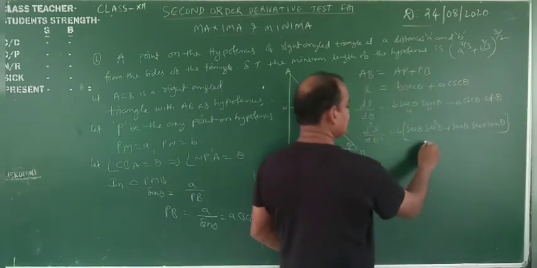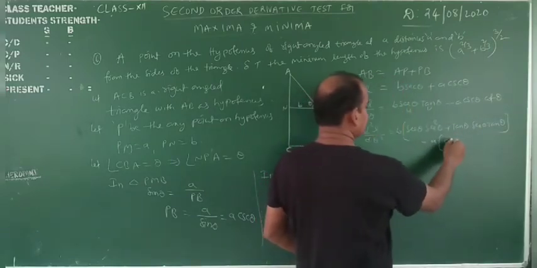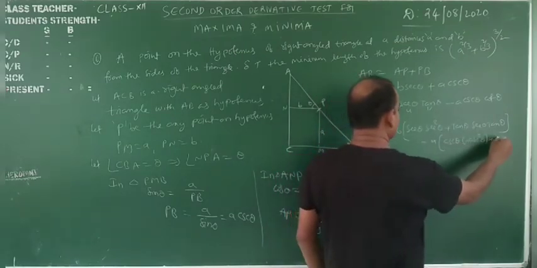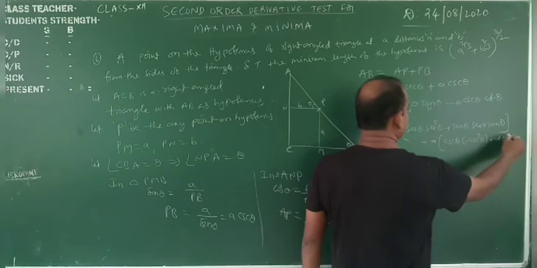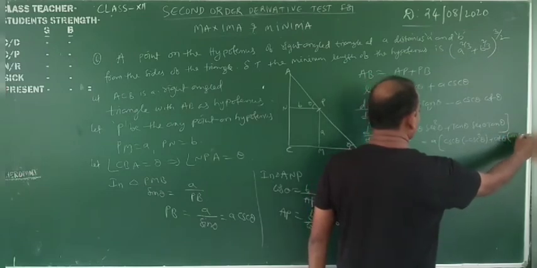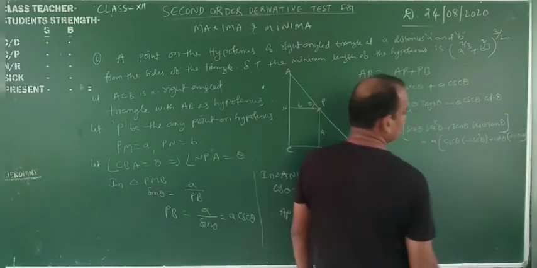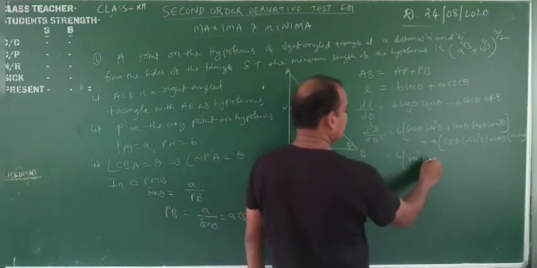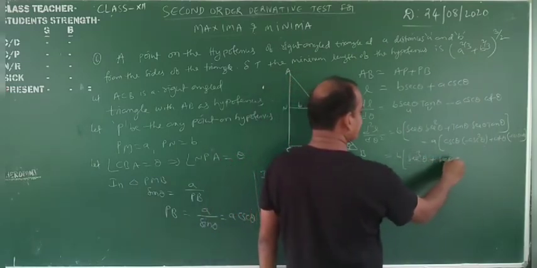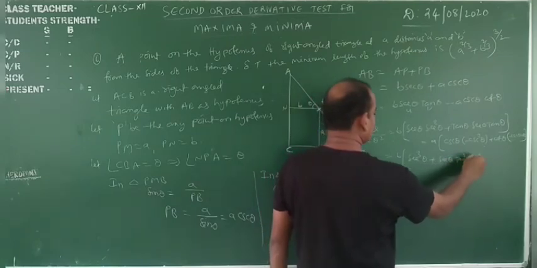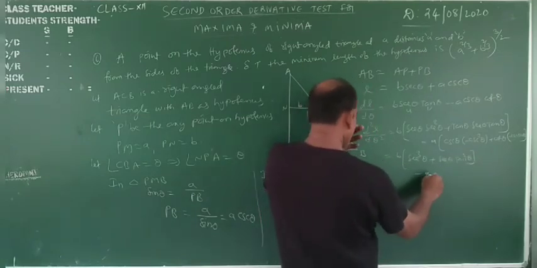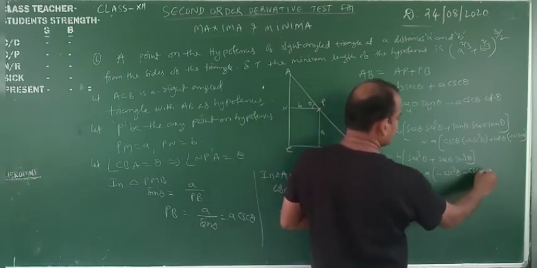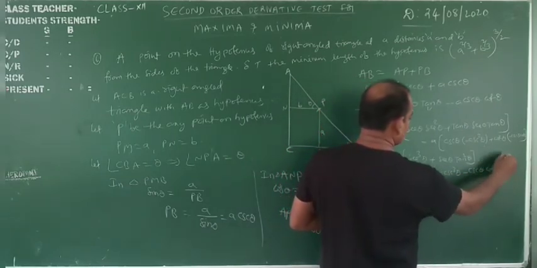Minus a into the derivative of cosecant theta cot theta: minus cosecant squared theta, plus cot theta into the derivative of cosecant theta, which is minus cosecant theta cot theta. Now that equals b into secant cubed theta plus secant theta tan squared theta, minus a into minus cosecant cubed theta minus cosecant theta cot squared theta.